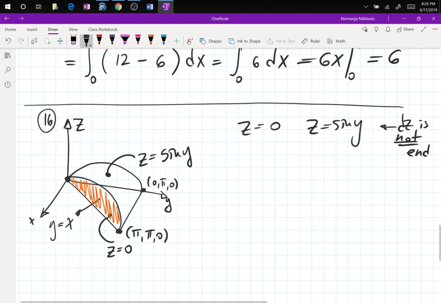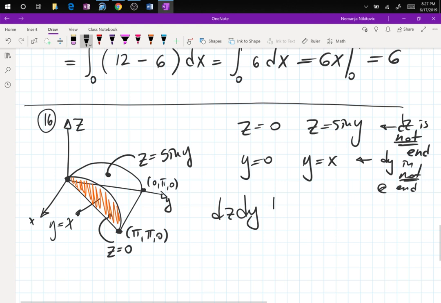I have y equals 0 and y equals x. Well, that means also dy is not at the end. This is really important because now I eliminated both z and y from being at the end, which means that I am stuck with the dz, dy, dx order.